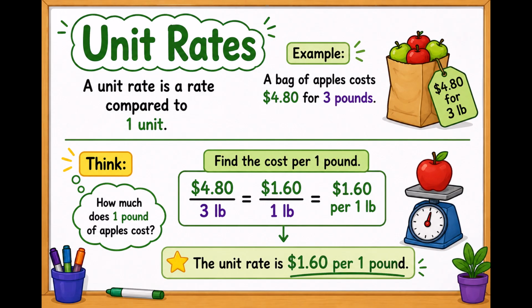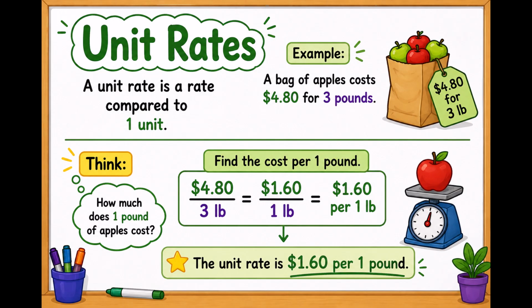A bag of apples costs $4.80 for 3 pounds. But we want to know, how much does 1 pound cost? I don't want 3 pounds. I would only want 1 pound. So that is called unit rate, because we're finding the cost for 1 pound versus all 3 pounds.